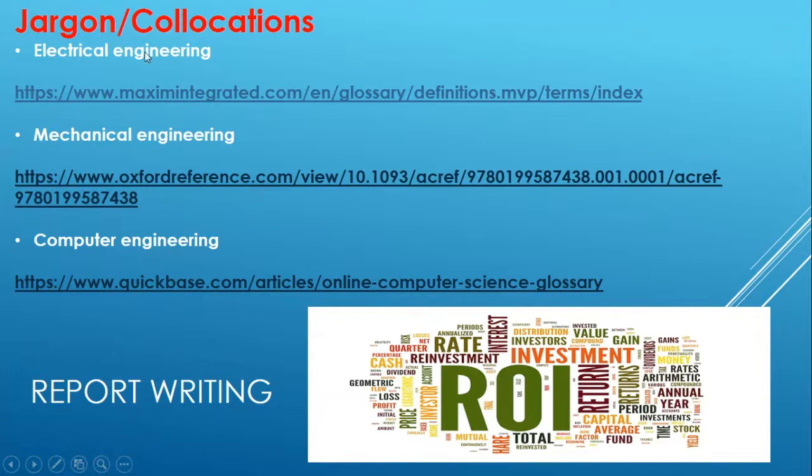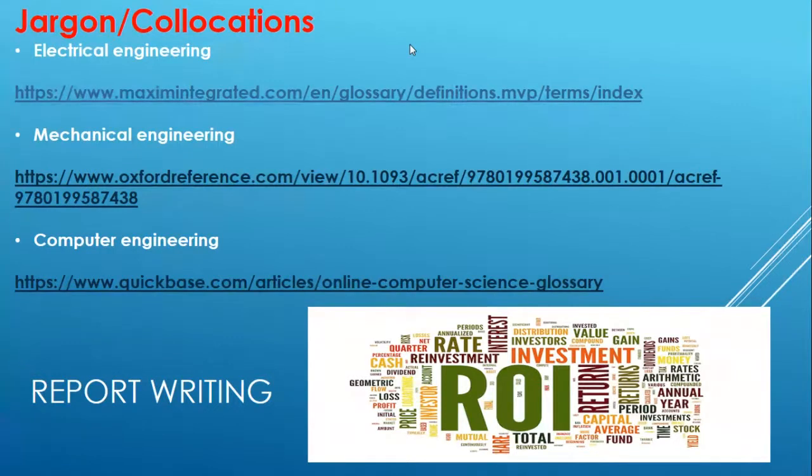Jargon in Spanish is jerga. Collocations, I just finished teaching that, and it's funny because it's when two words together mean something. For instance, business plan, market report, tax investment.